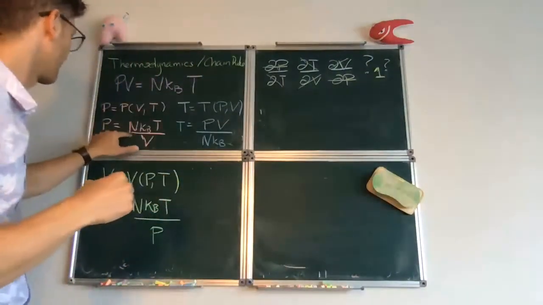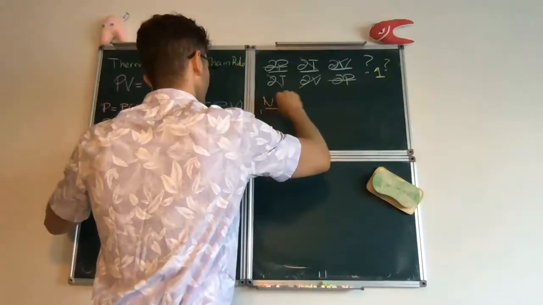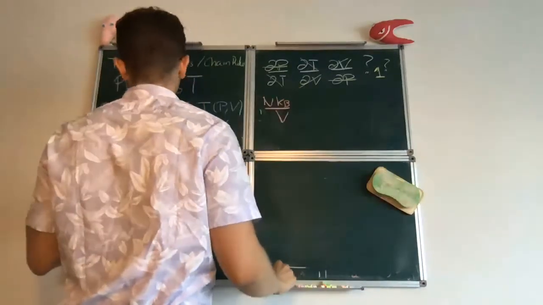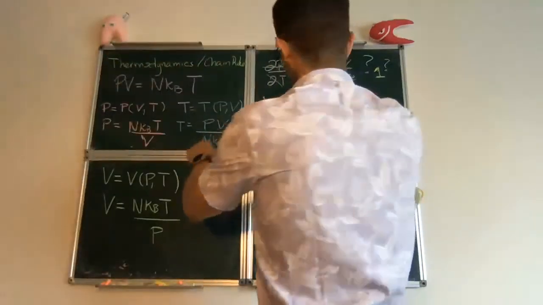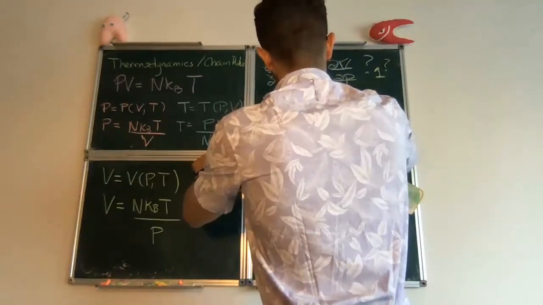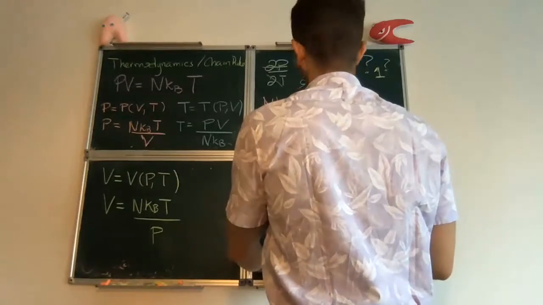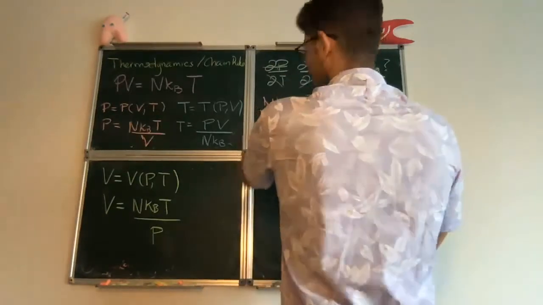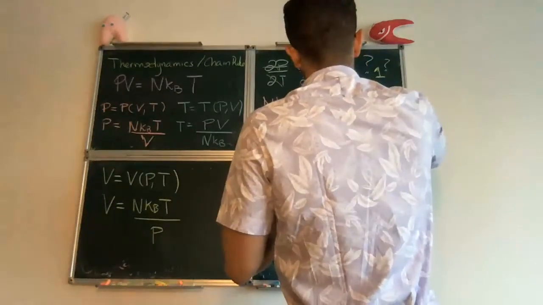It will just be this expression. What is the partial derivative of temperature with respect to volume? It will be this expression. And what is the partial derivative of volume with respect to pressure? Well, it will be this thing.